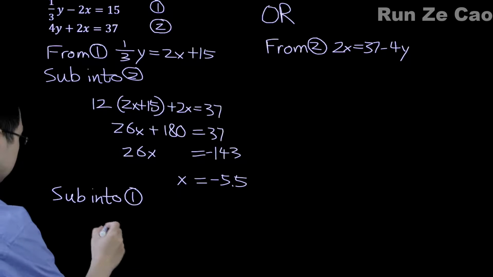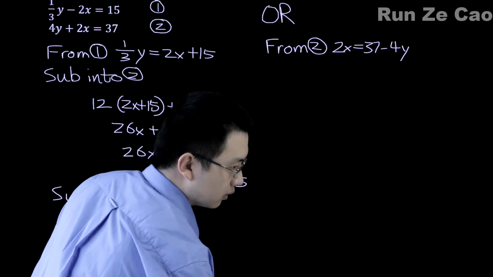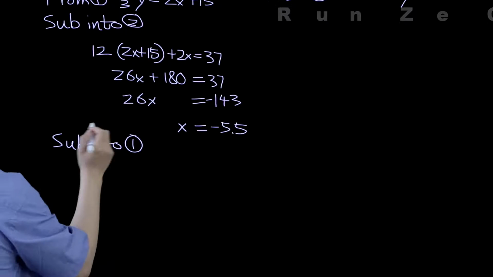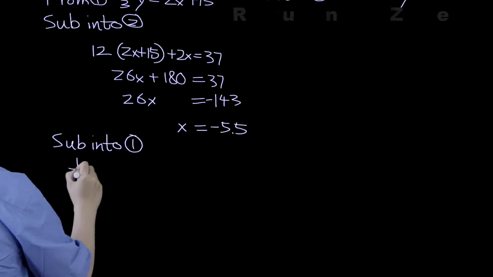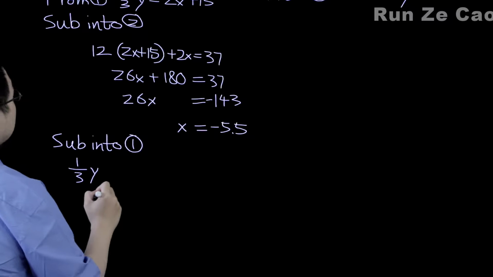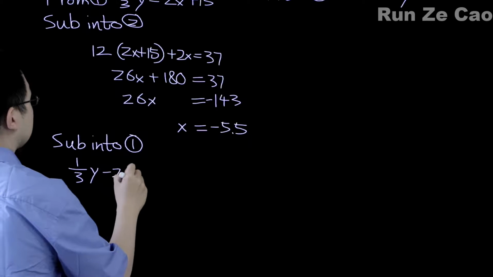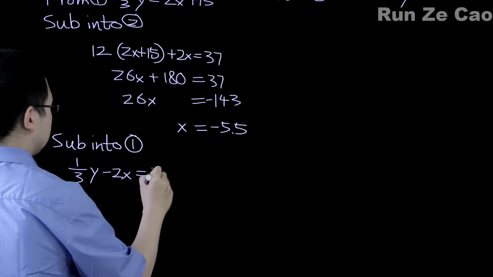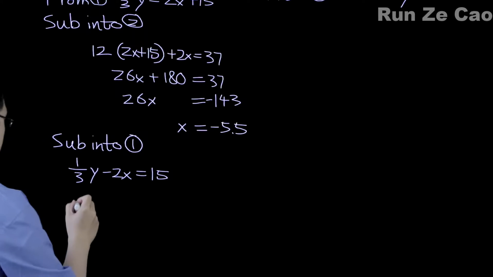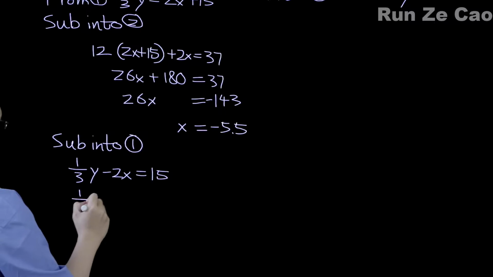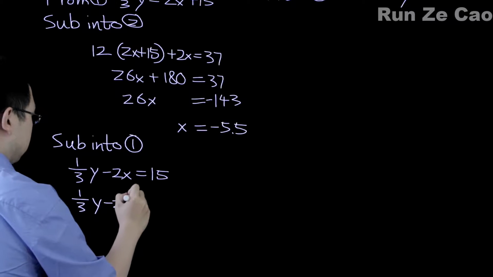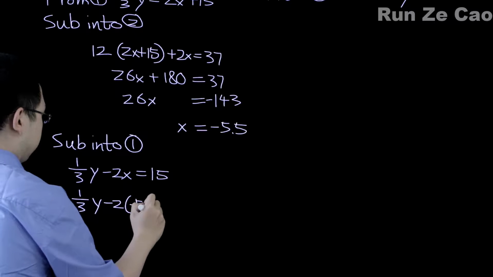And this gives us, let's make some room, 1/3 y minus 2x equals 15. So 1/3 y minus 2, negative 5.5.